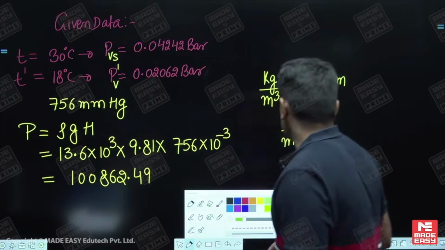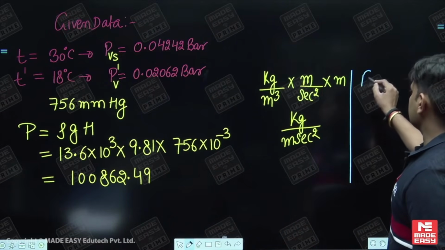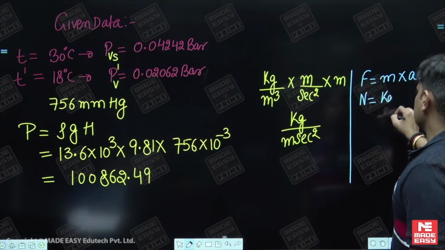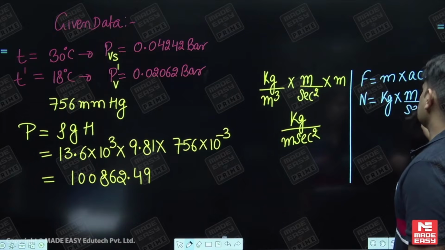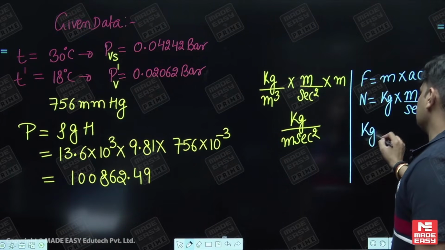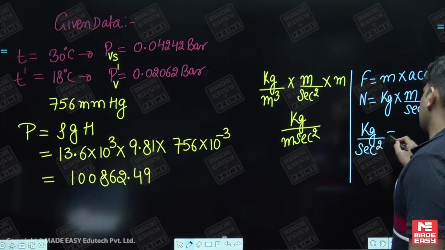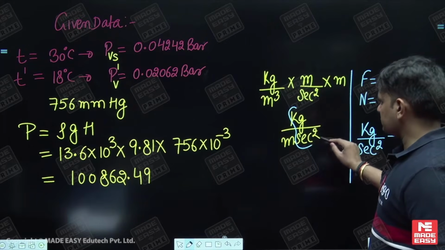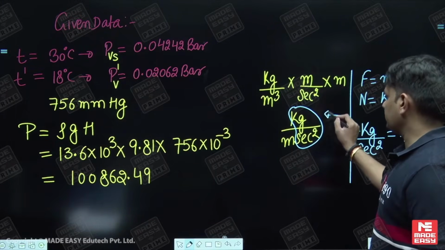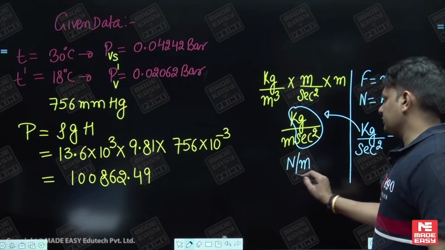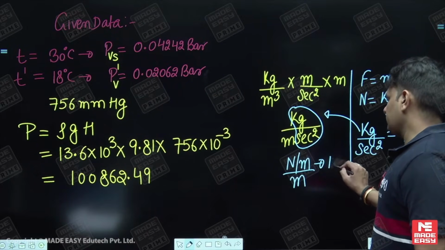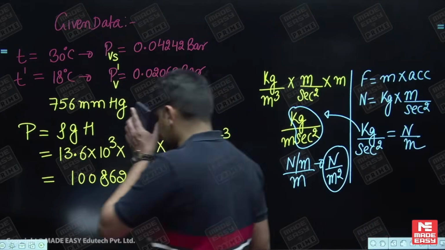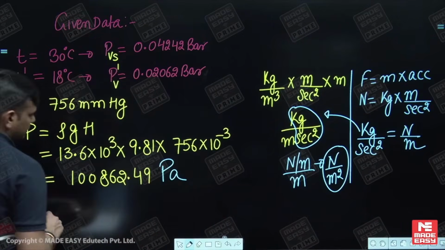Force is equal to mass into acceleration, so Newton is kg meter per second square. So kg per second square is equal to Newton per meter. It is converted into Newton per meter divided by meter, so Newton per meter square, and this will become Pascal. It means the unit of this factor is Pascal.